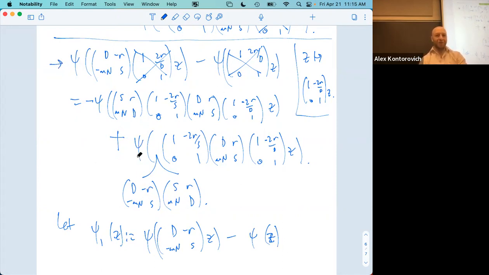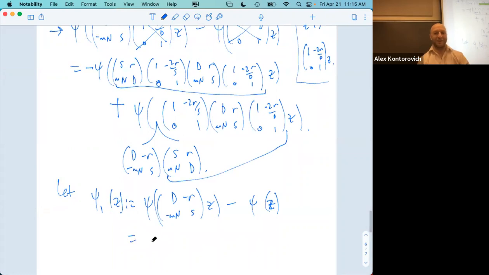The bottom is also psi of this thing times something, minus psi at that same something. So this is equal to psi1 of that big something, which I'll call capital M.